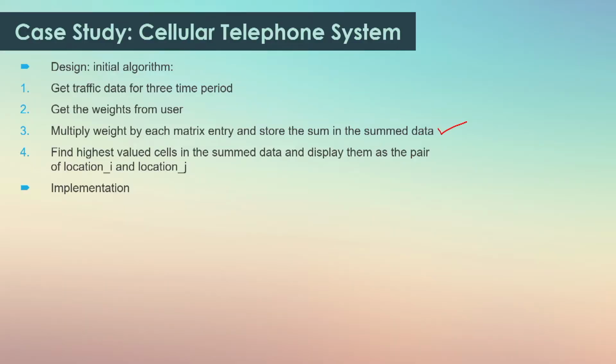Now, we will see how this can be implemented using a 3-dimensional array representation. We are using a function for getting the traffic data. We can see in the program that it uses 3 different matrices and all 3 matrices' values are being read from the user.